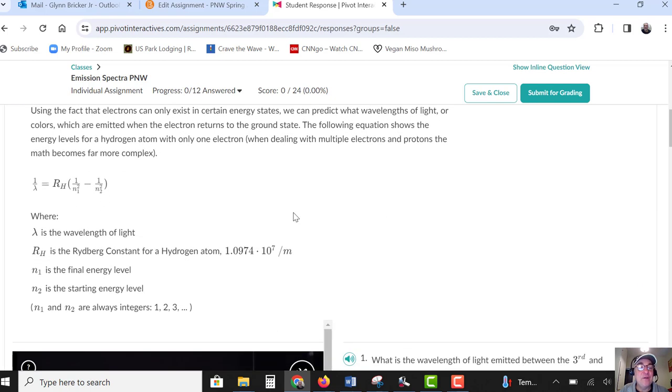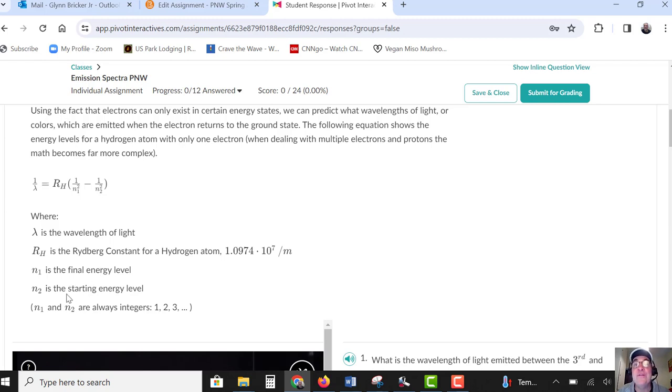This is used to calculate the wavelength. 1 over the wavelength is equal to RH, this new constant we haven't seen before. For hydrogen, it turns out to be 1.0974 times 10 to the 7th per meter, and then times this quantity, 1 over n1 squared minus 1 over n2 squared. So n1 is the energy level that you end up at, n2 is the energy level that you started with.